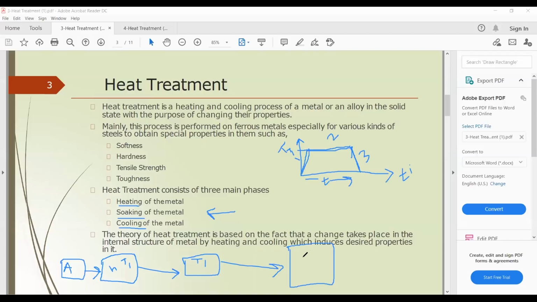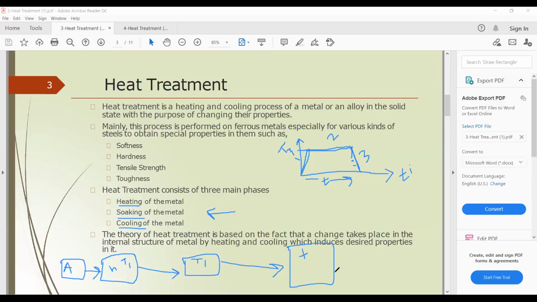Here the heated metal is cooled to another distinct temperature, which can be any temperature level, but it should be lower than this particular T1, right? Then your heat treatment process is finished.